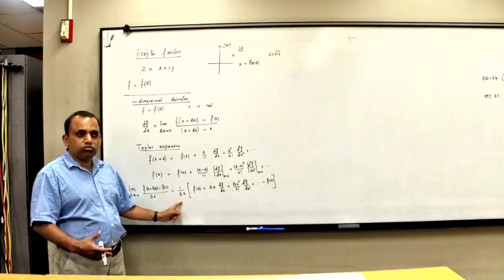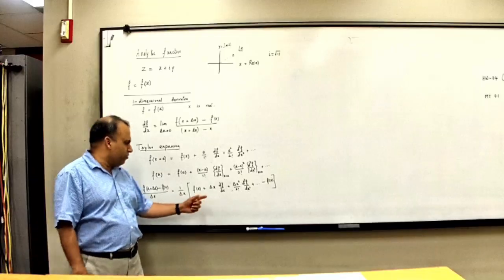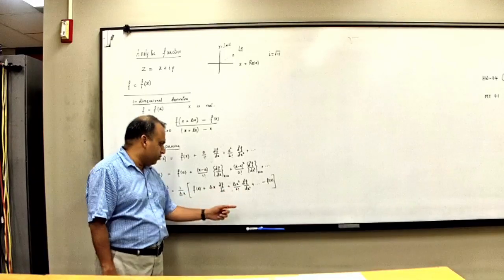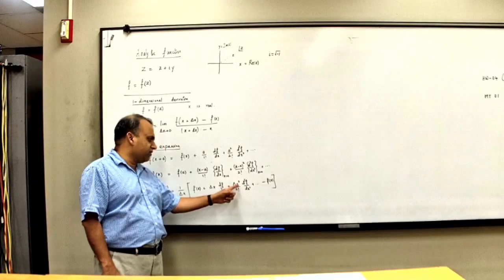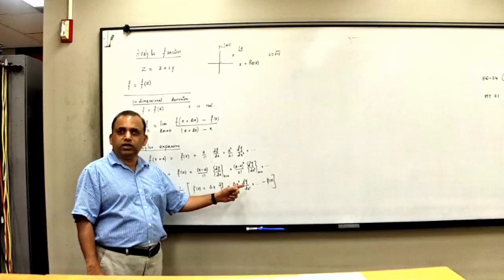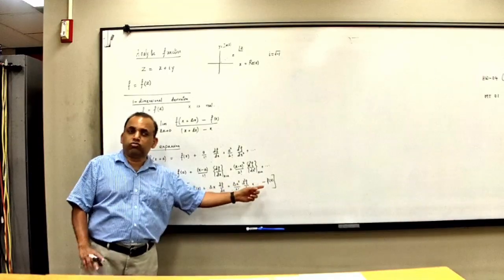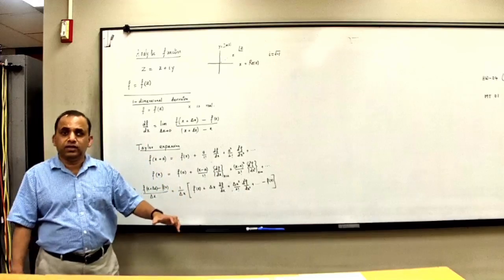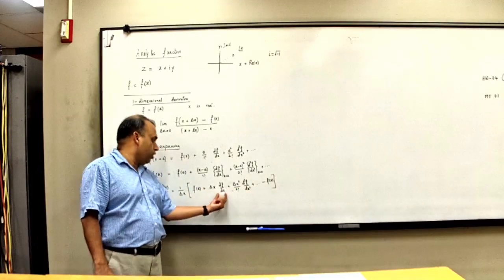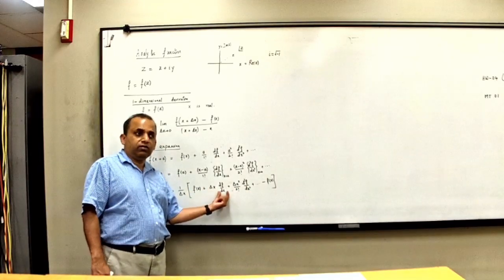This cancels out, so the infinity is no more there. Then you might argue, what about the second term? The second term never becomes infinity because this is a higher power in delta x than the denominator. So all the other powers go to 0 exactly. In the limit, they all go to 0 and only this survives. Right?